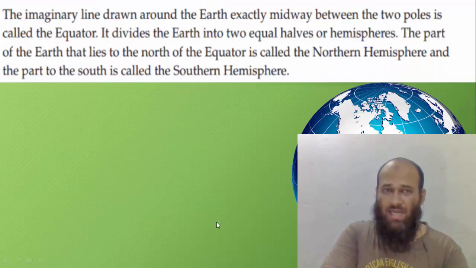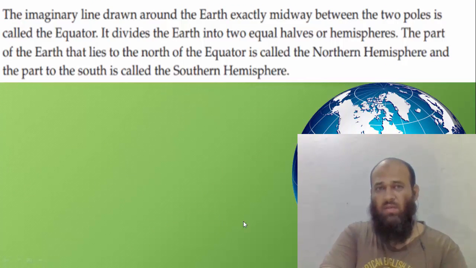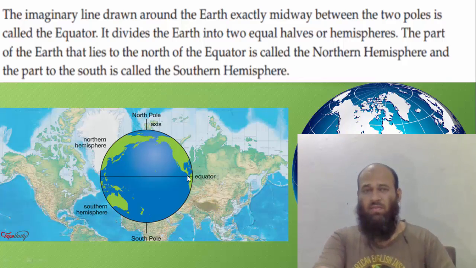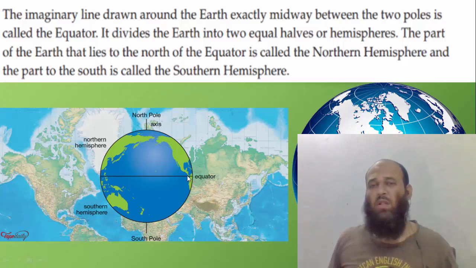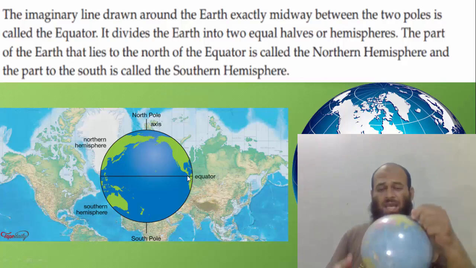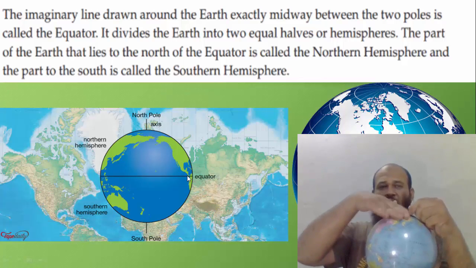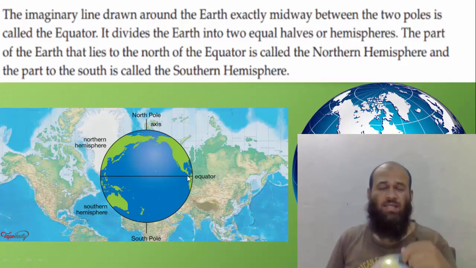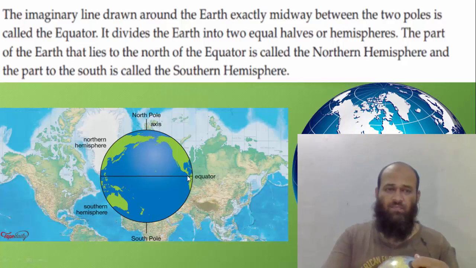The imaginary line around the Earth, exactly midway between the two poles, is called the equator. This is our equator, which divides the Earth into two equal halves, and these halves are called hemispheres. The top part is the northern hemisphere, the bottom part is the southern hemisphere.